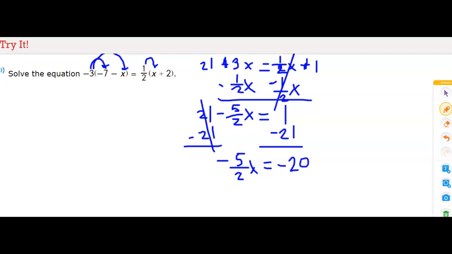Then we need to solve for x, and so we're going to divide by 5/2 on both sides of the equation.